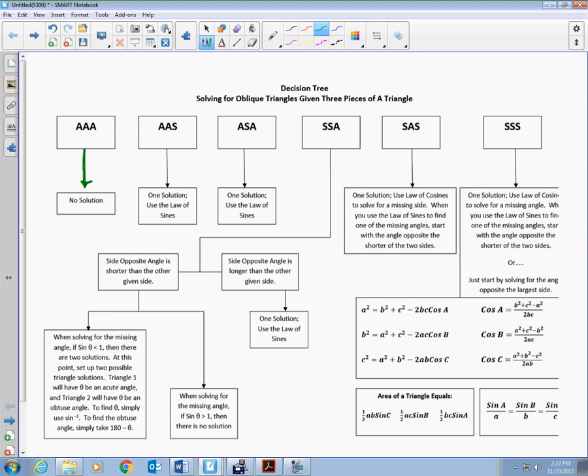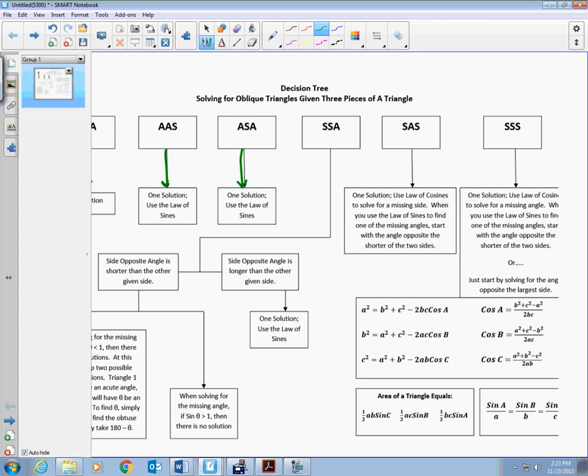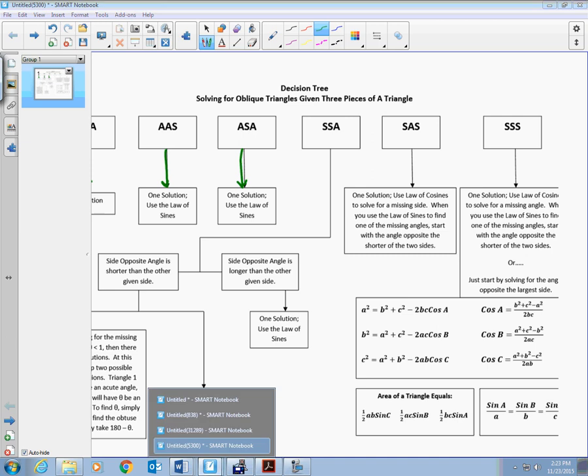The examples that we've done so far together, last Thursday, we did angle, angle, side, and there was one solution using the law of sines. We also did an angle, side, angle, where there was one solution using the law of sines. Those are the easiest situations to come up with. These are more challenging, okay? And that's what we're going to show you today: we're going to try some of the ambiguous cases.